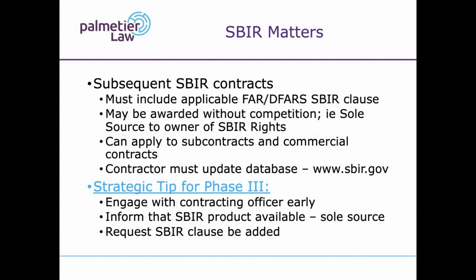But what that clause does is, if they agree that this is a phase 3 and the clause is added, any new IP you create that's a follow-on improvement to your SBIR phase 1 and phase 2 retains SBIR rights instead of the government getting a higher level of rights where they can do more with it. So it's a good strategy, but you need to learn how to market that very well. Next slide.